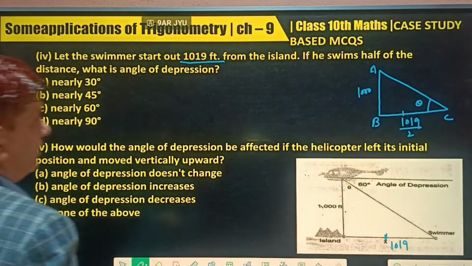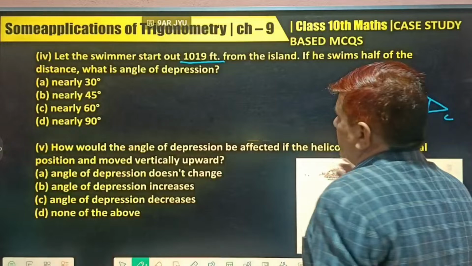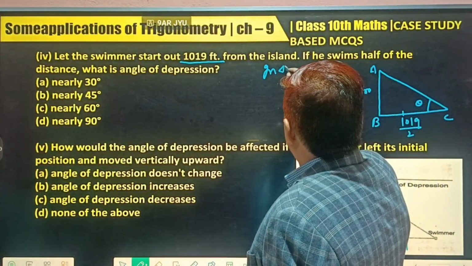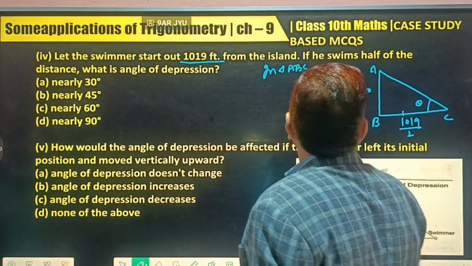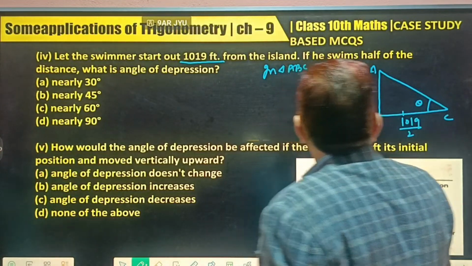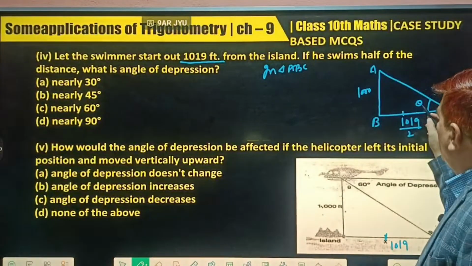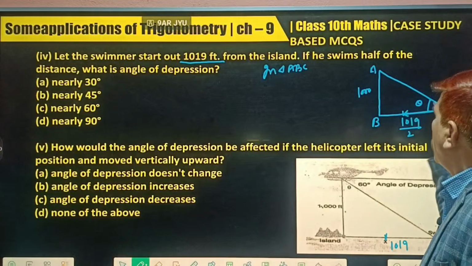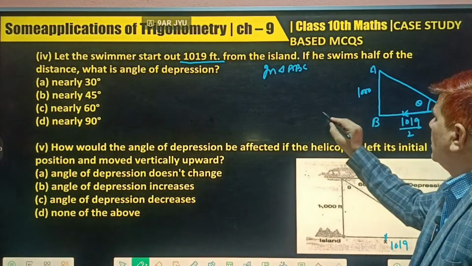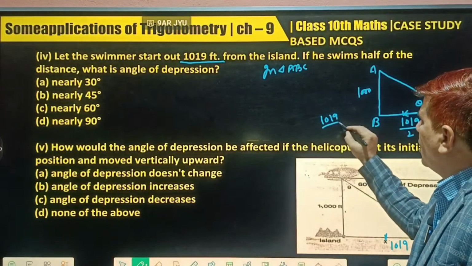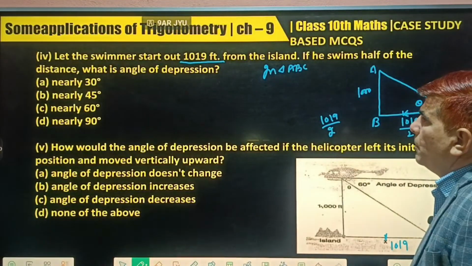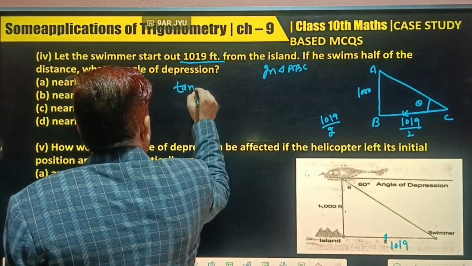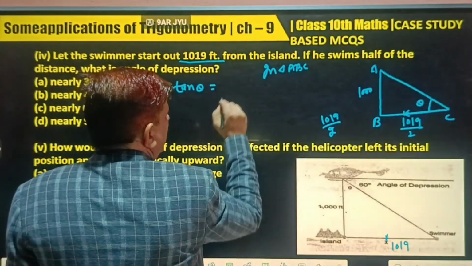So in triangle ABC, the starting angle is theta, but it says half the distance is covered in this direction. Half the total distance is covered. So how can you find out? Tangent theta, we have to find theta.